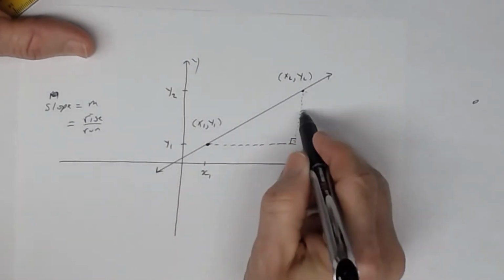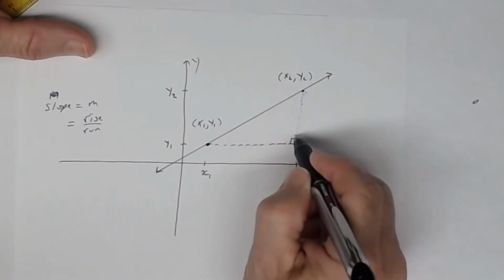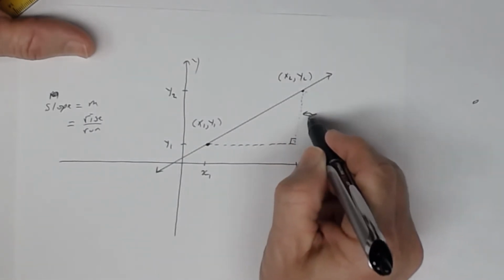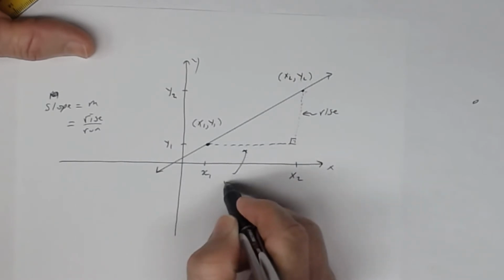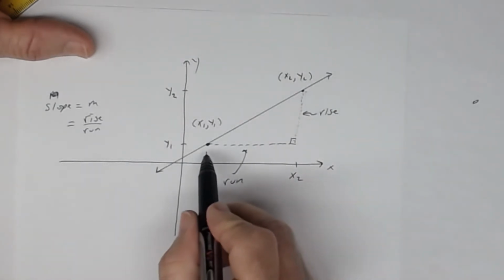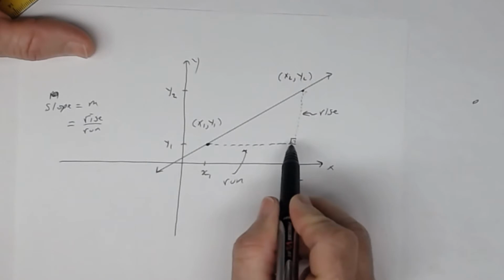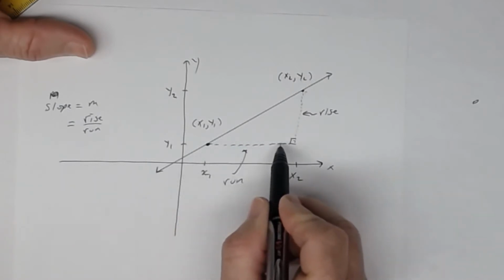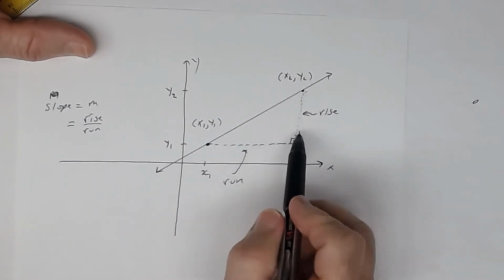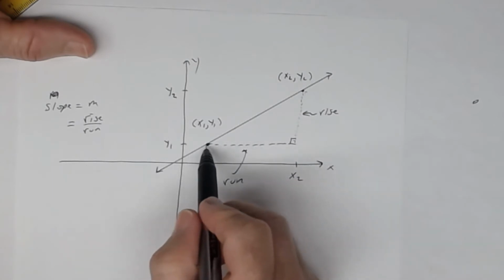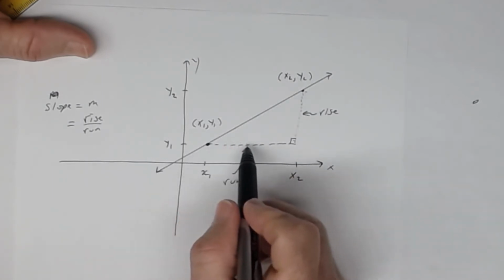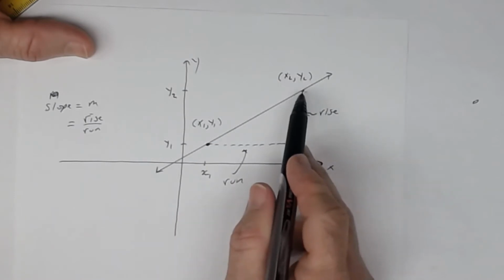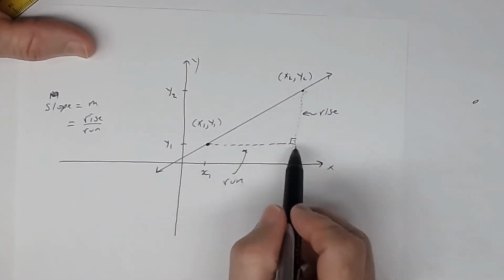This right here would be considered the rise, and then this here would be considered the run. So that horizontal distance is the run, and that vertical distance is the rise. So when I go from this point to that point, I'm going to go to the right and then up.